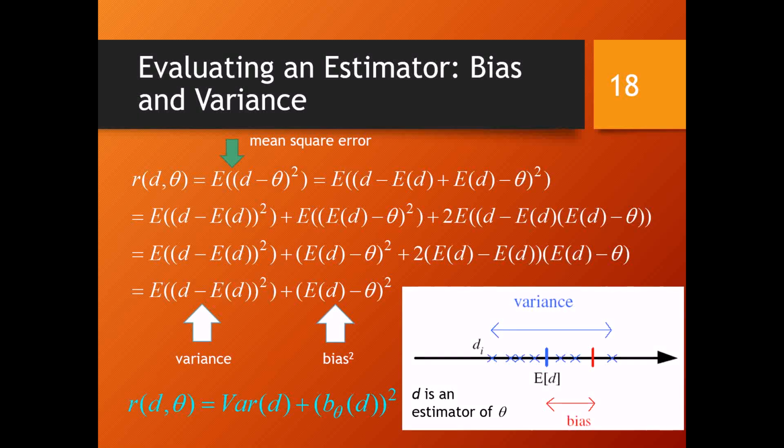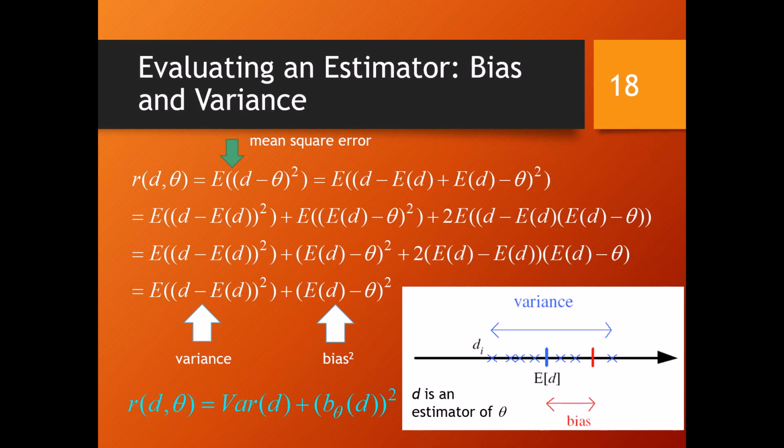The mean of this range of estimated results is this E of t. And the real parameter actually is here.